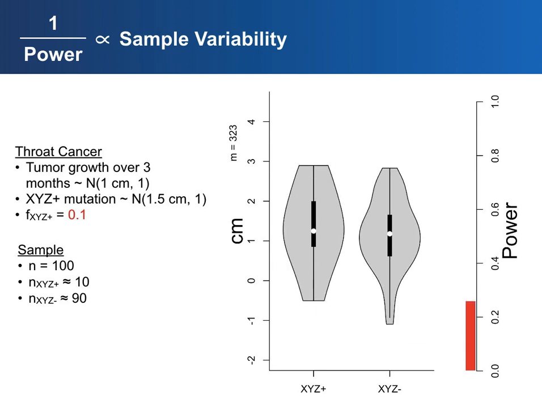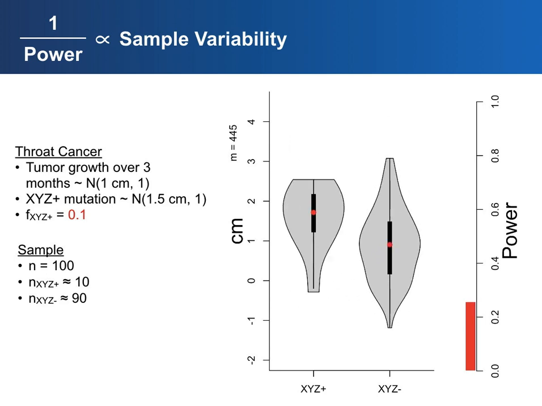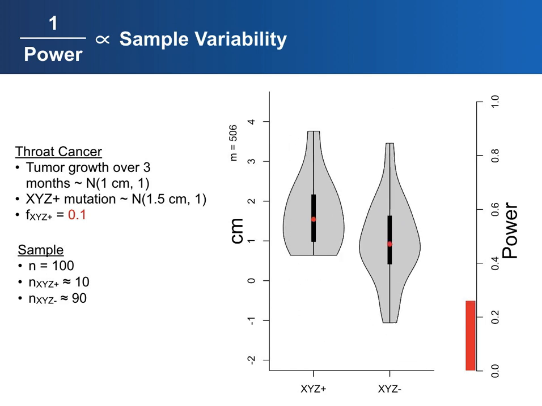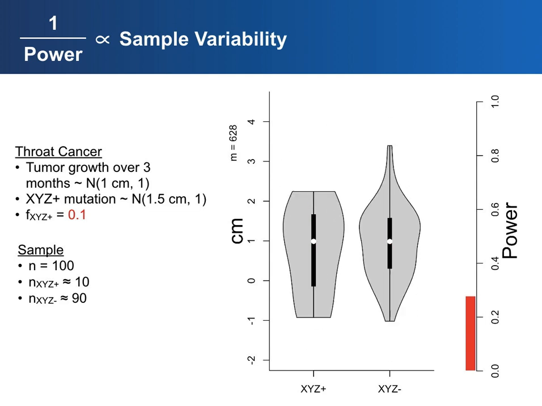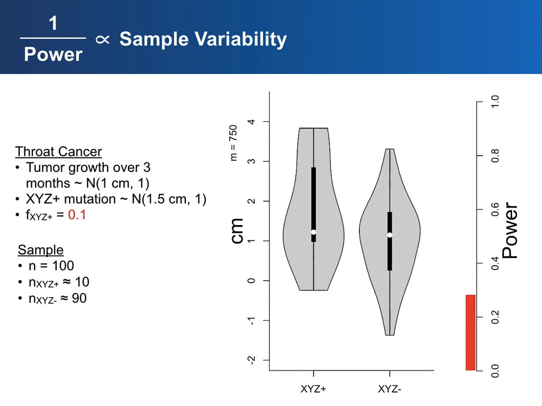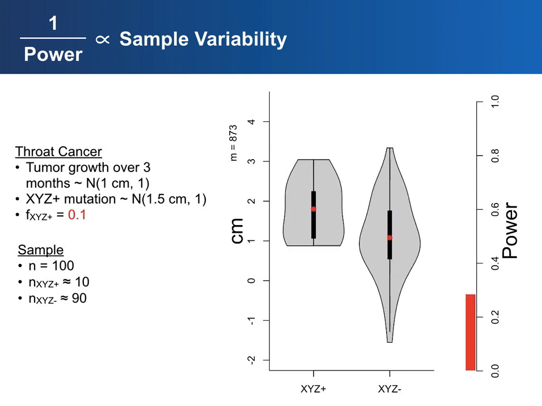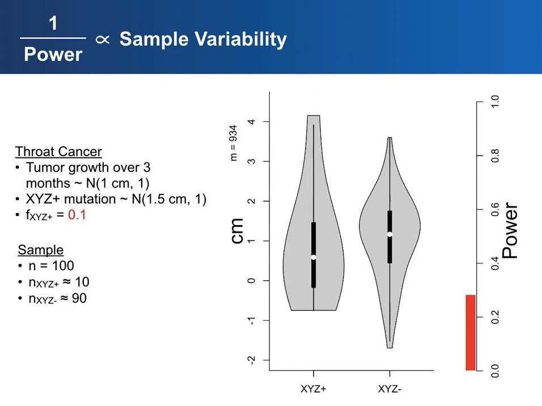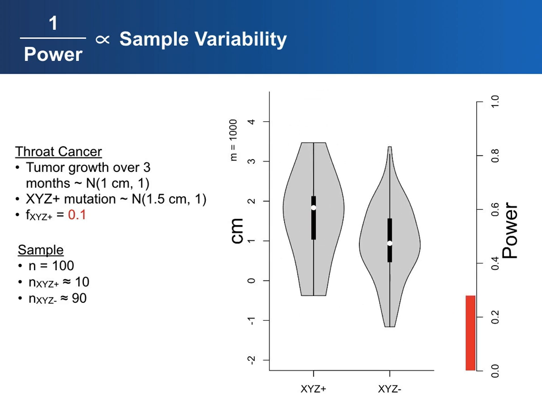And that's not a good thing. You do want to have an idea for the frequency of the mutation that you're looking for if you're doing a genetic study, or the frequency of the exposure that you're measuring, so that you can have a large enough sample to be able to account for the differences in the two groups.